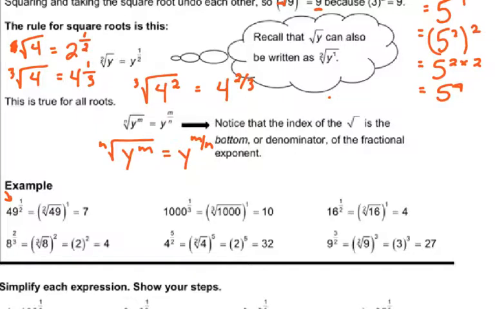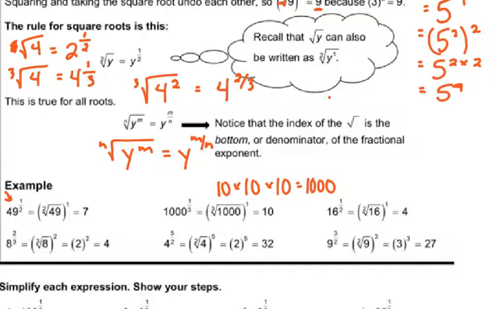Okay, and the cube root of 1,000 is 10 because 10 times 10 times 10 equals 1,000. Now we have 16 to the 1/2 power equals the square root of 16. Well, the square root of 16 is just 4. So all of those going together.